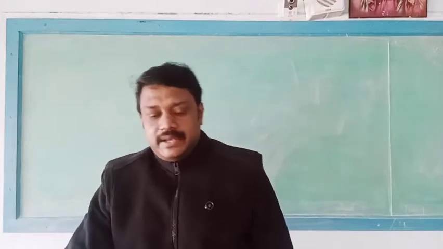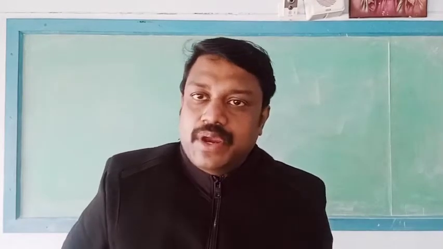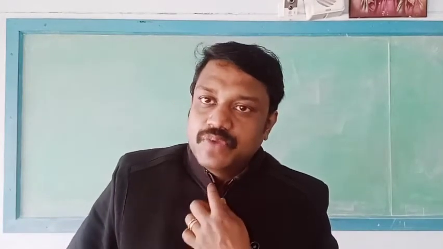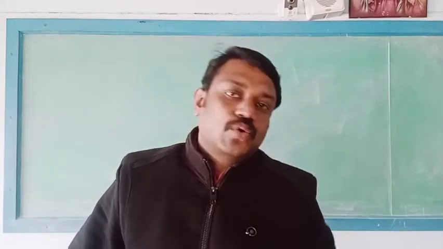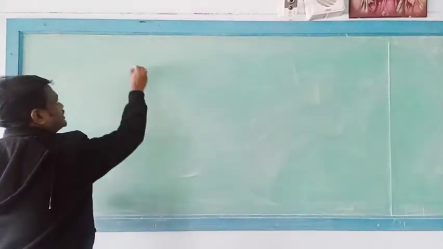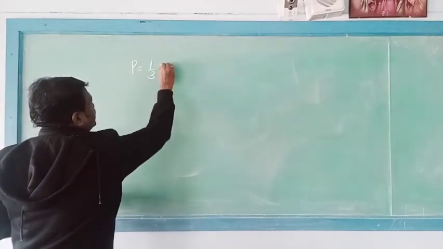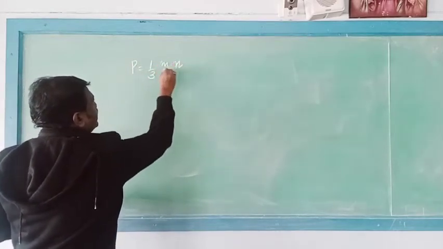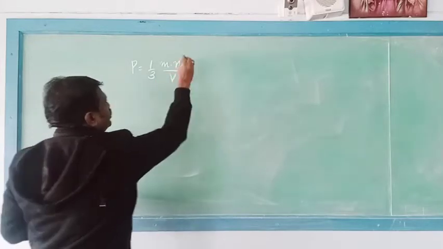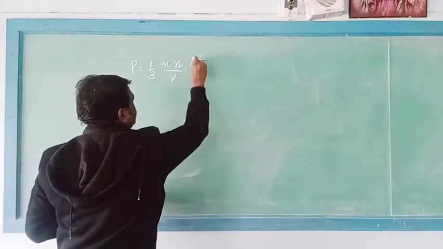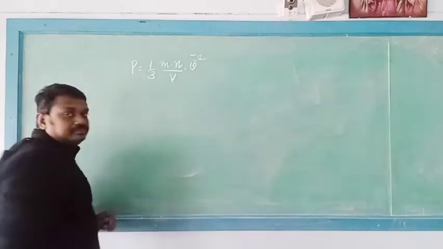Now we can continue with the same equation, P is equal to 1/3 rho V square, and rho you can write as mass divided by volume, so P is equal to 1/3 m N divided by V into V square average.